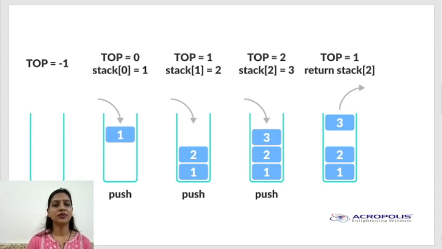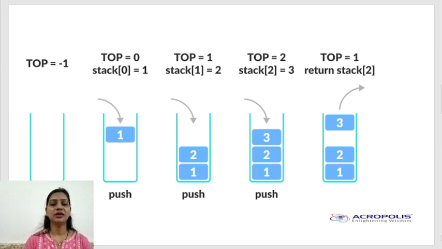When the top is positioned at 0, it means the stack has one item, meaning one item is pushed onto the stack. When the value of top is 1, it means it has two items, meaning when we add 2 to the stack, the top position points to 1 and the stack has two items.